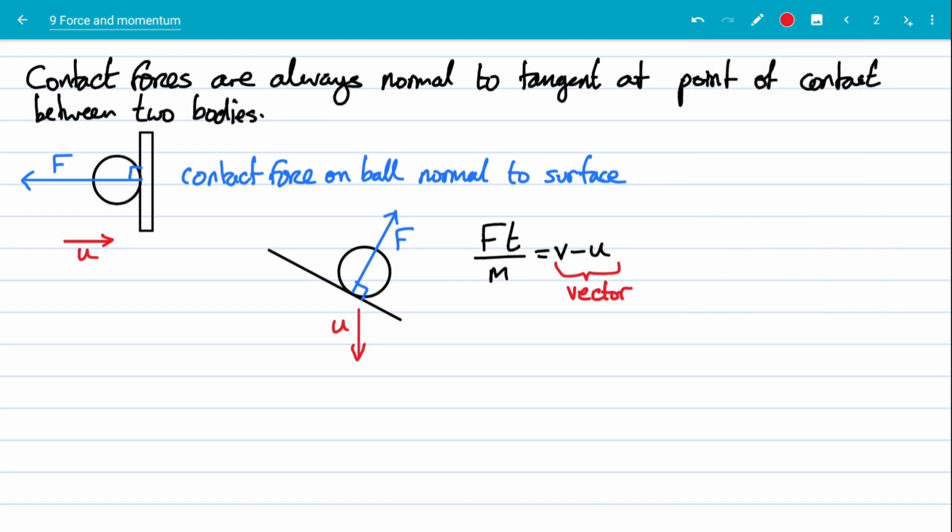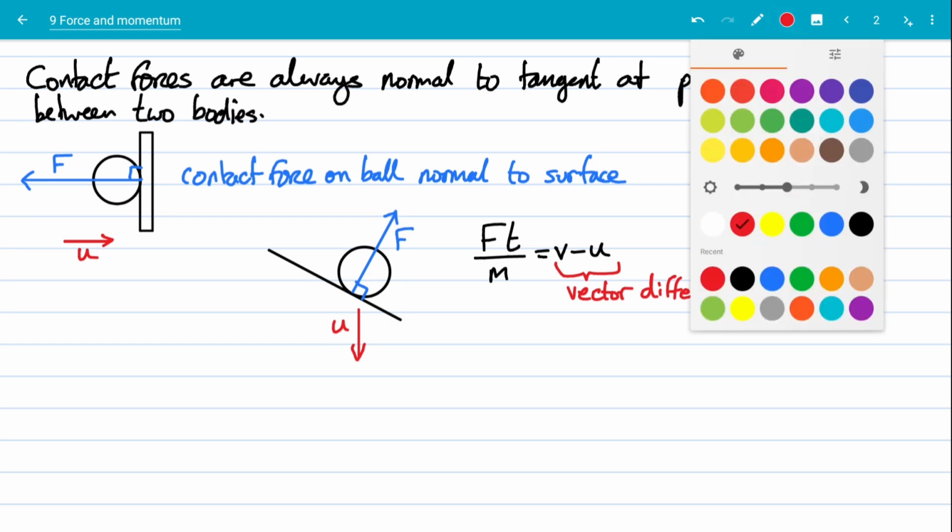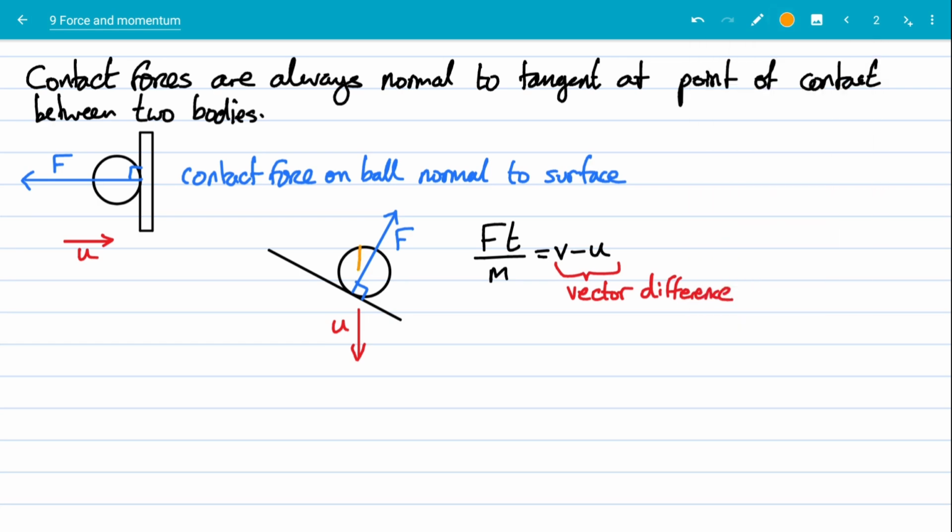Vector difference, just like a vector sum. And that's important. So we're going to probably have some component of velocity up there and some component of velocity in there after the collision, sort of Vx and a Vy.